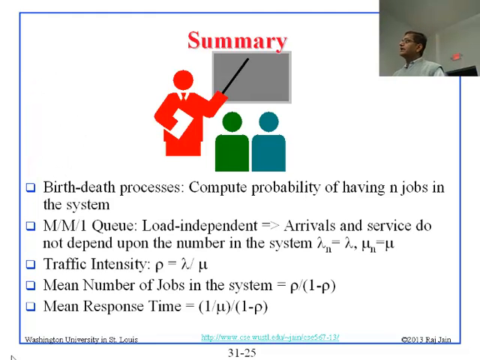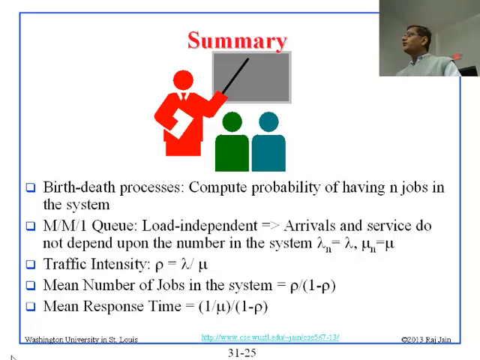That brings us to the end of this chapter, and the 5 key points are that birth-death processes allow us to compute the probability of n jobs in the system. That is why we covered birth-death processes in the first place, because that helps us get all these queues, MM1, MMM, MMMB queues, resolved.